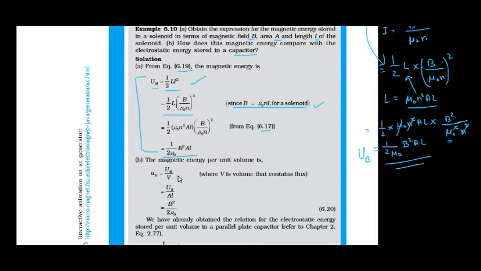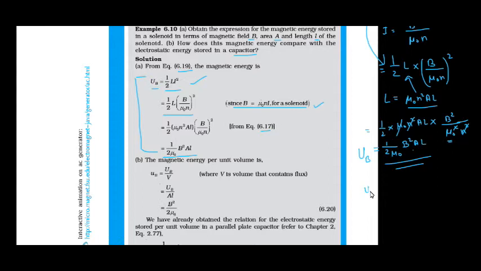Now the magnetic energy per unit volume is U_B upon V. Instead of volume V, we can write cross-sectional area into length, so AL. Now put the value of U_B that we got here.